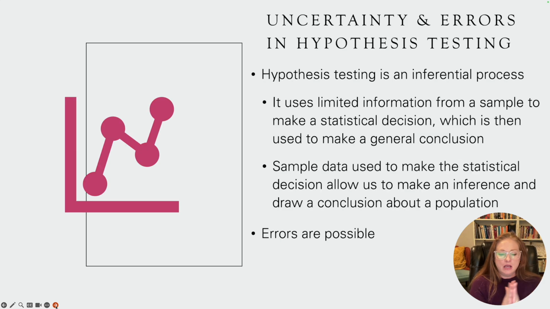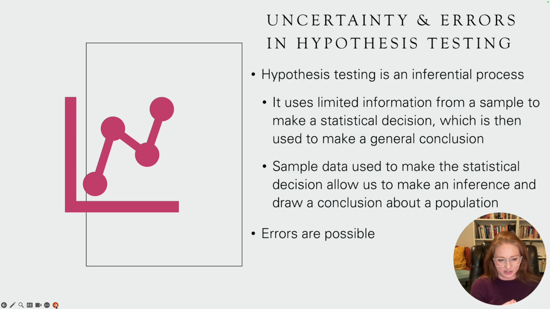Okay. Uncertainty and errors in hypothesis testing. Okay, so yes, hypothesis testing is an inferential process. Errors are possible because it uses limited information from that sample that you're gathering of 10, 20, 30 people, right? And it's using that small sample to make a statistical decision. And then from that statistical decision, we're making a general conclusion, right?